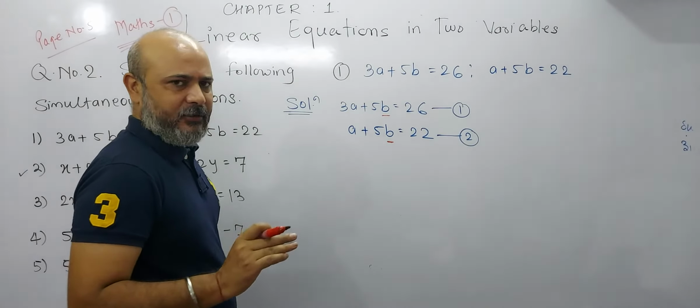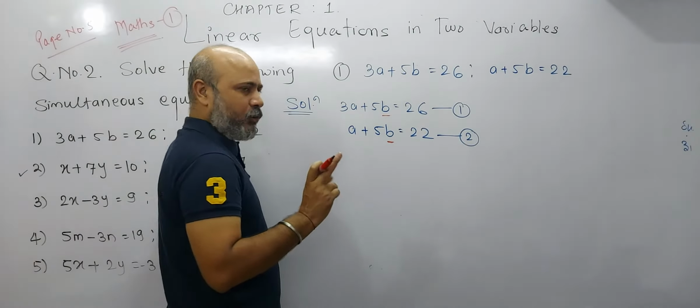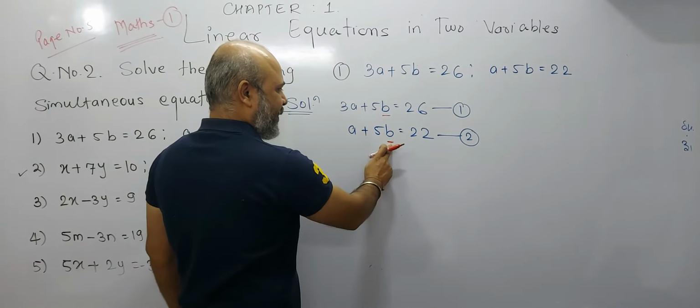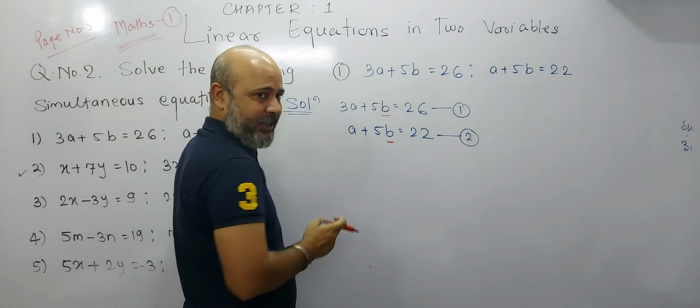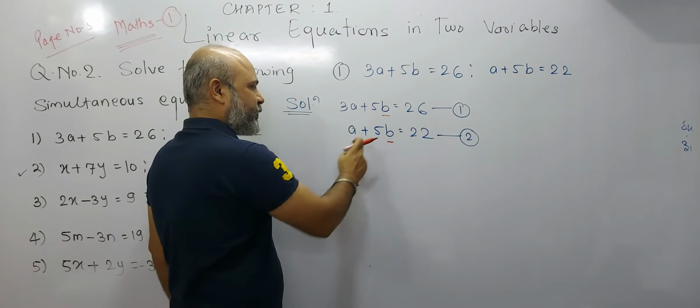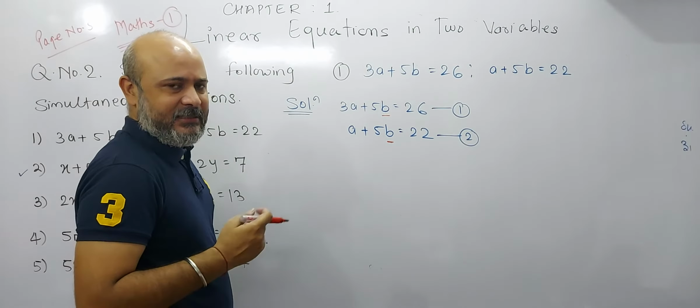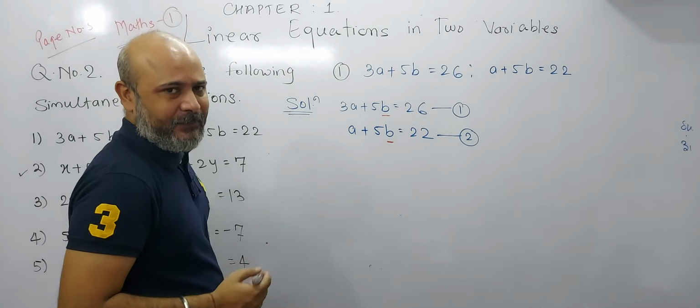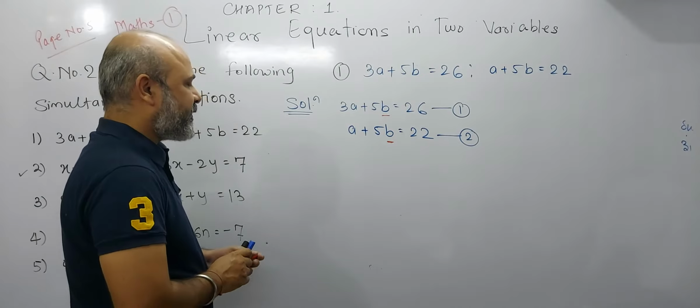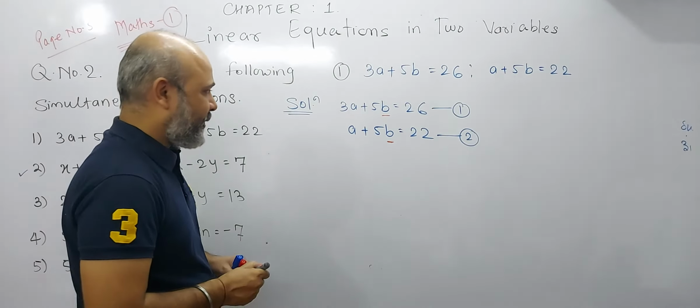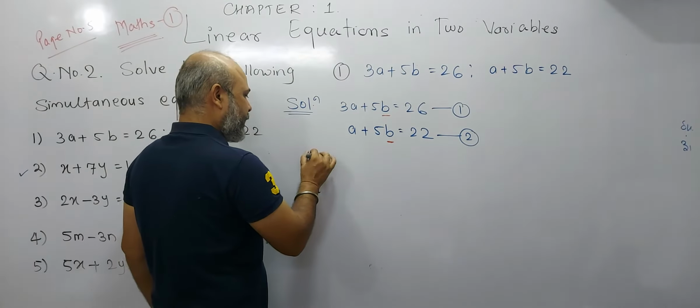If you want to eliminate variable b, its coefficient is the same and the sign is also the same. When the sign is the same, what will you do? You will subtract, as already mentioned in the concept.